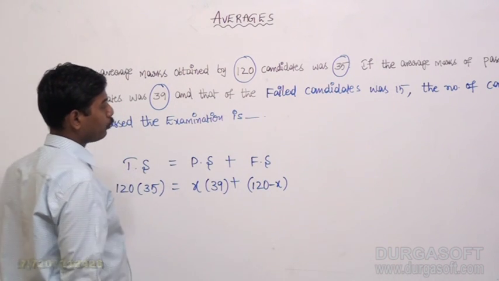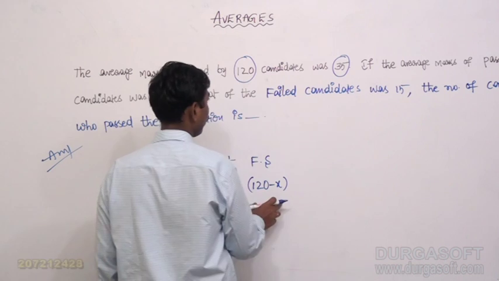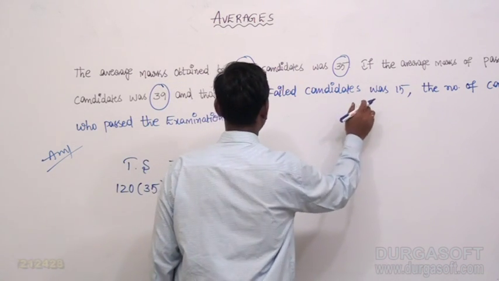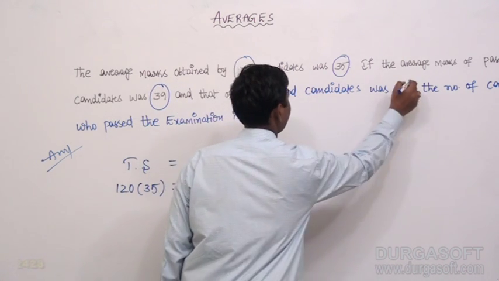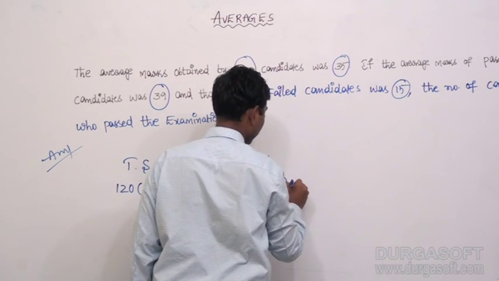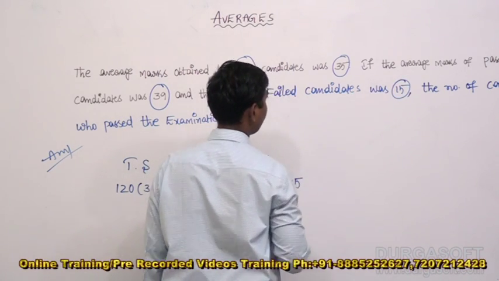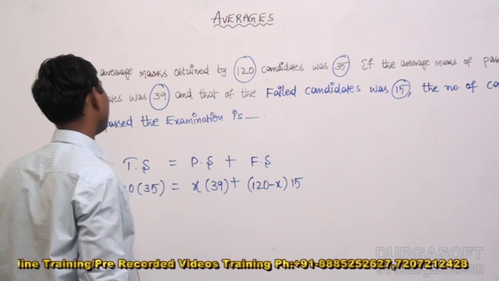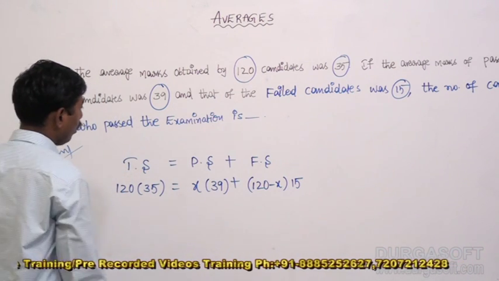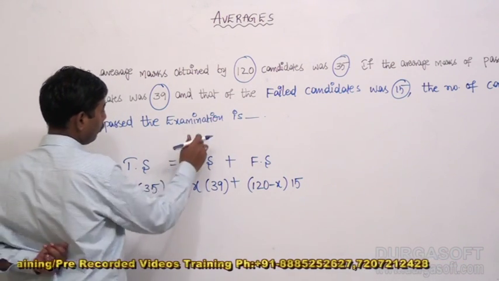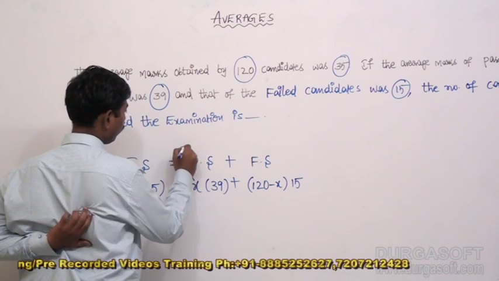Failed students were 120 minus X, and the failed candidates' average is 15. Now the number of candidates who passed, the X value, we have to find out.